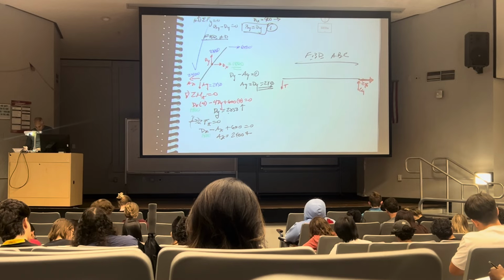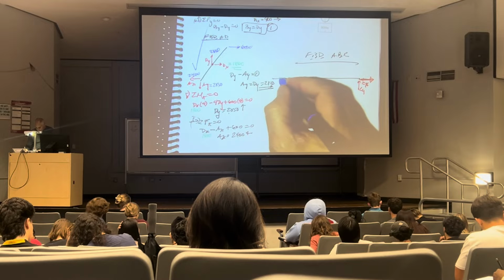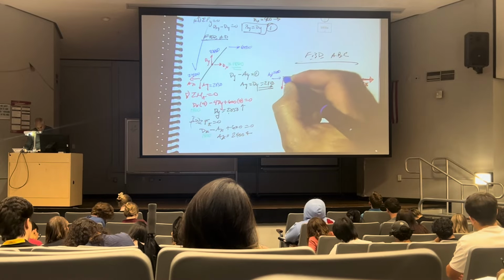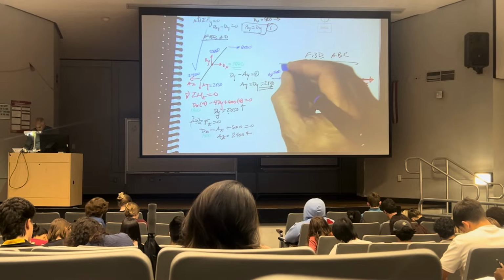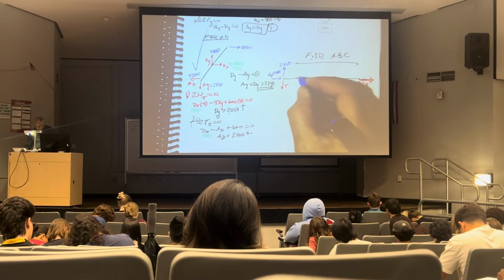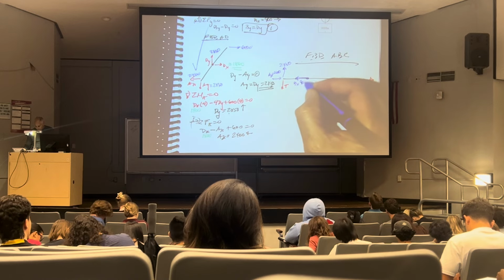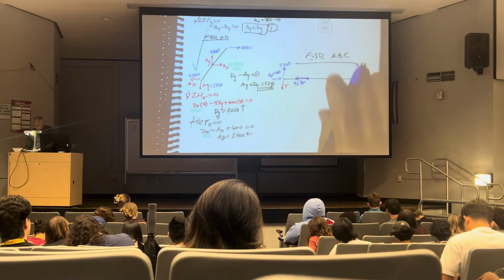In here, I'm going to put in my AX, 2400, my AY, upwards, 2850. I'm going to put in my bx this way, which is 900. It's got to be equal and opposite to this up here.